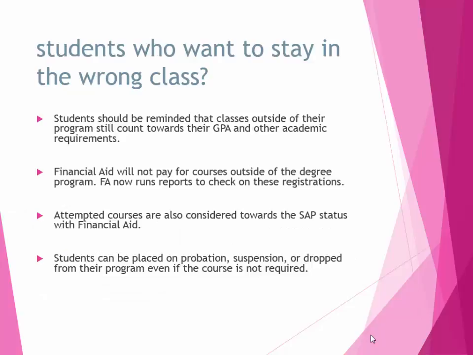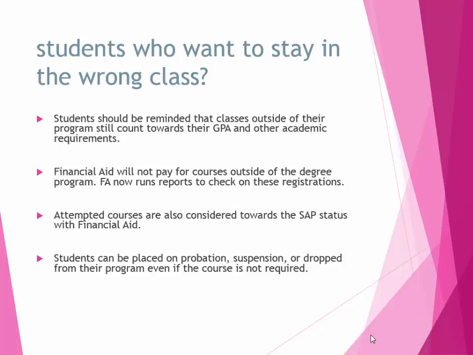Now occasionally you will have students who are in the wrong class and they tell you they know that and they want to stay in it anyway, and that could be because of a job requirement, or it just may be a class that they think is really interesting, and that's fine technically. If they have met all of the prerequisites for the course, they can stay in the course as long as they want to. So what you want to do in those situations is remind them that any academic penalties and financial aid penalties still apply.